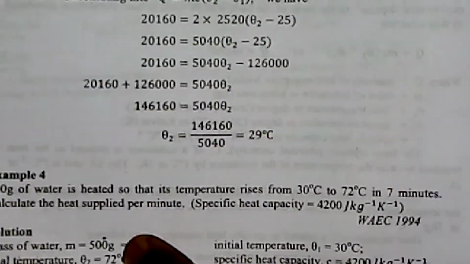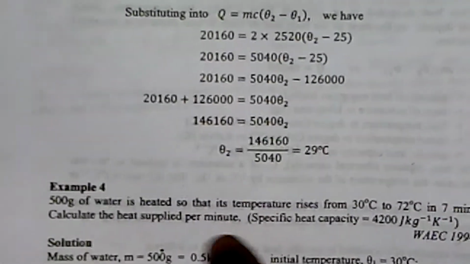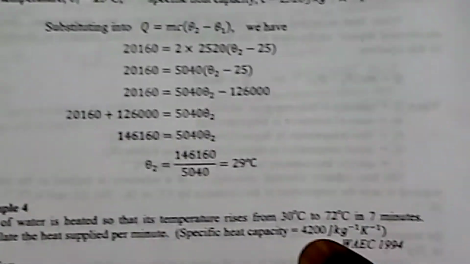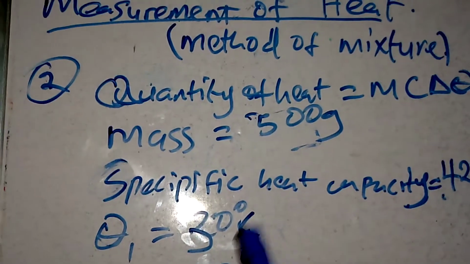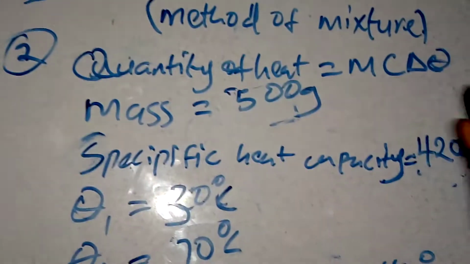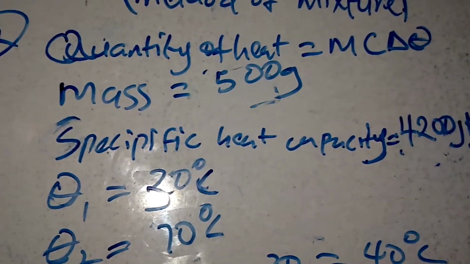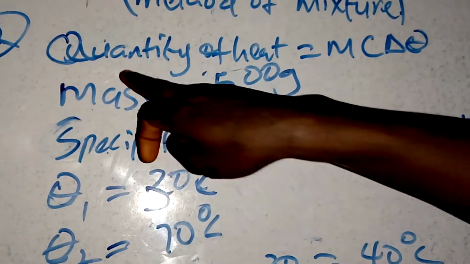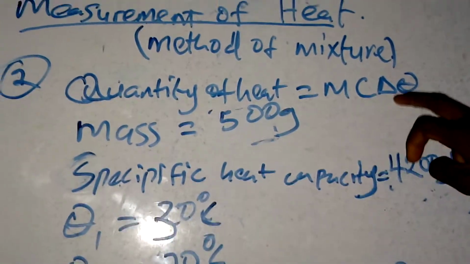The question is asking us to calculate the heat supplied per minute. The specific heat capacity of water is given. So let's solve that. I said earlier that quantity of heat equals mass times specific heat capacity times change in temperature.